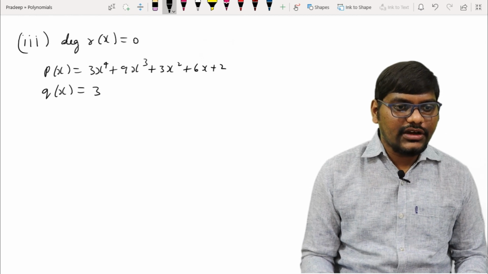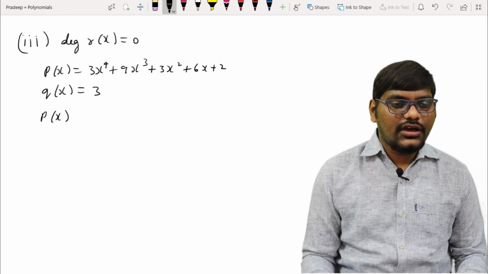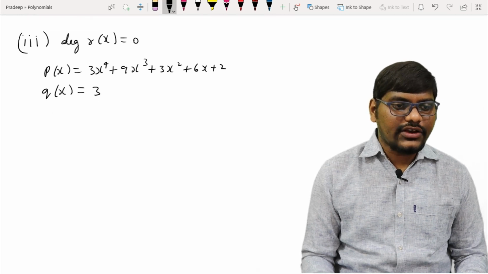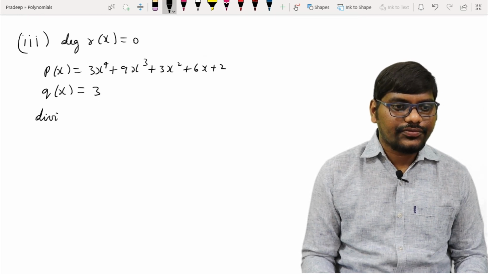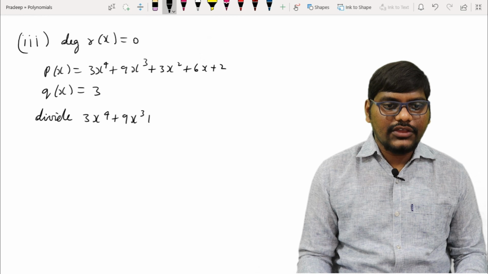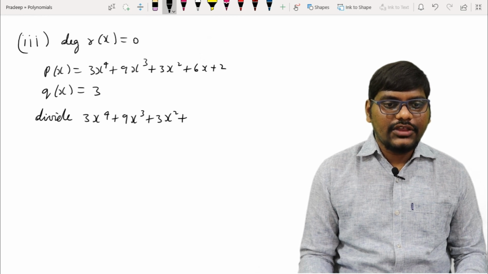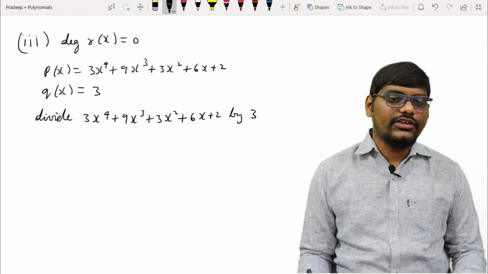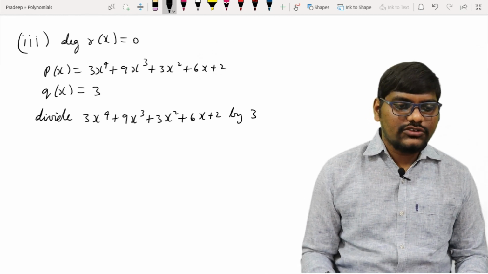So I can write here p of x, we got this one, and q of x we are just taking this. So I can write, divide 3x power 4 plus 9x power 3 plus 3x square plus 6x plus 2 by 3. We are just dividing. Okay, so let's do this.